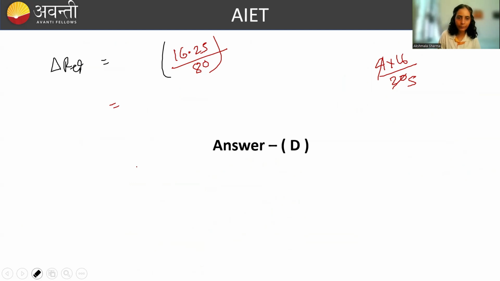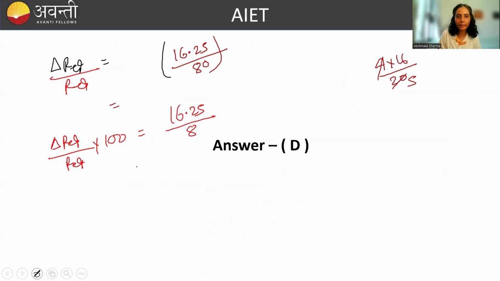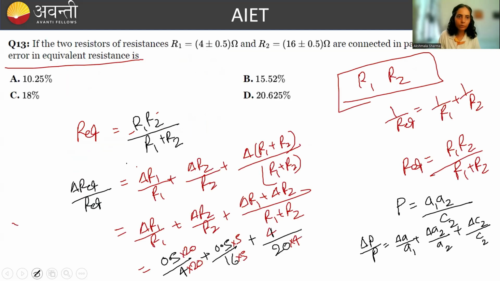I thought we had to calculate absolute error, but no. So for percentage error, this will become this into 100, right? So this is 16.25 by 80 into 100. If we go on to solve it, it will come close to 20 point something, right? So what should the correct answer be? D. So D will be your correct answer.